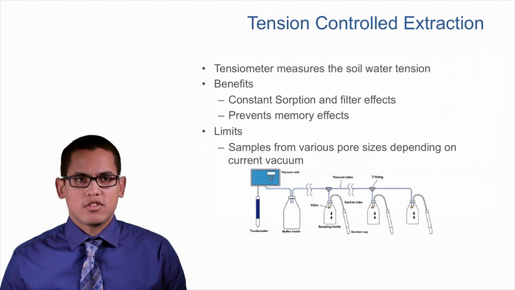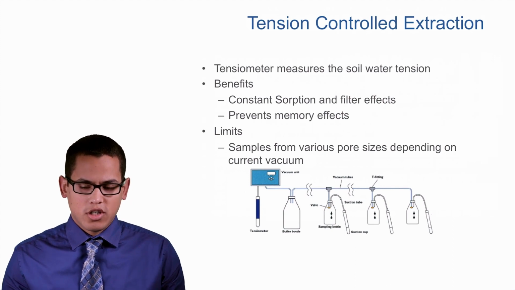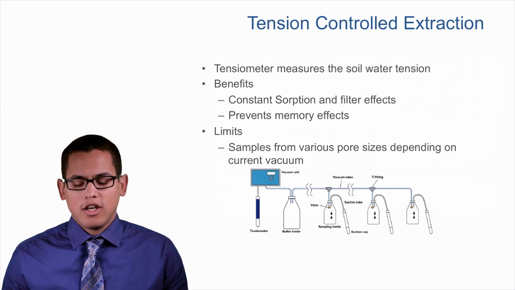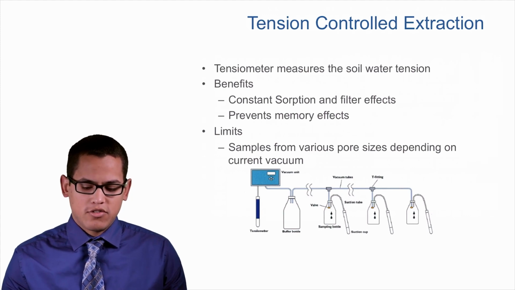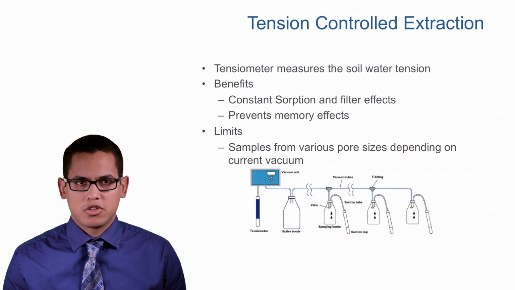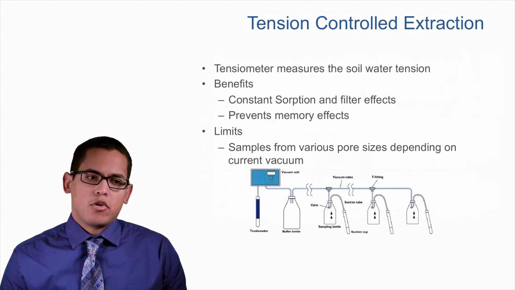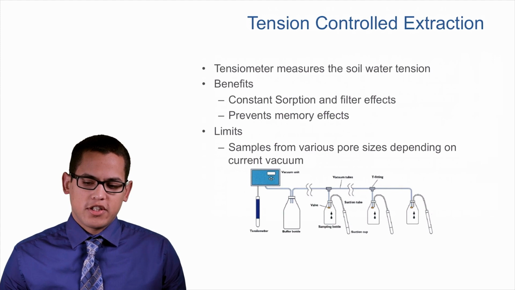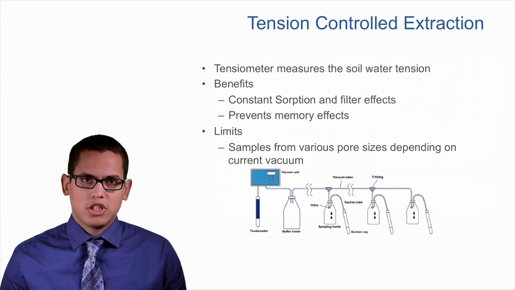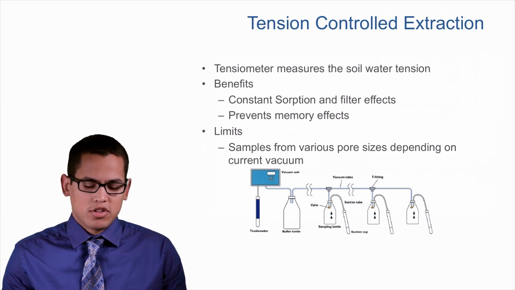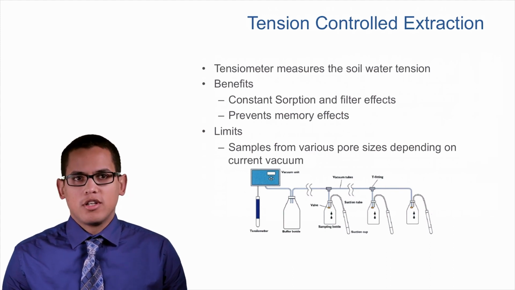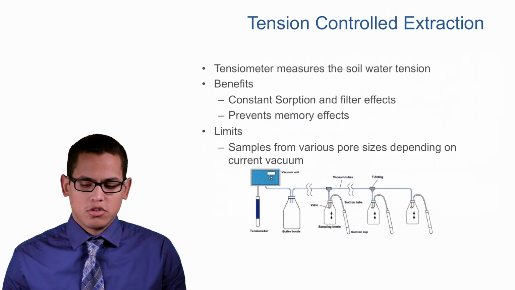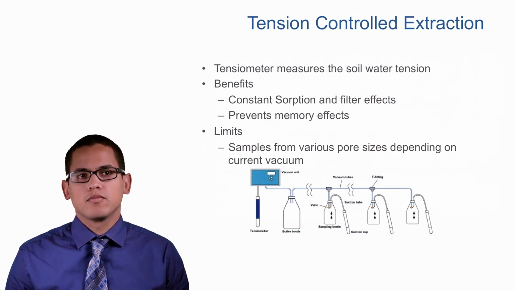The benefits of this: there are constant sorption and filter effects. If you were to do the continuous extraction without the tensiometer control, you can get various filter effects depending on how the water potential is changing, and this essentially causes memory effects in your sampling, and so this can affect your actual solution chemistry.